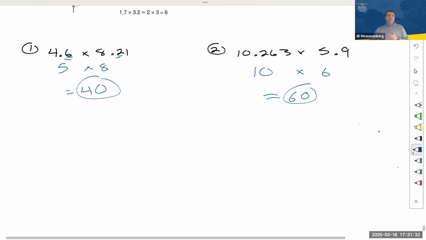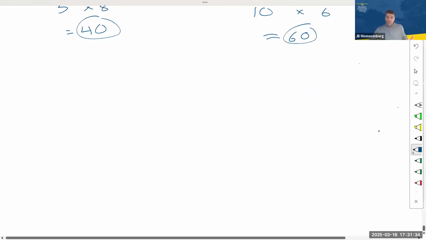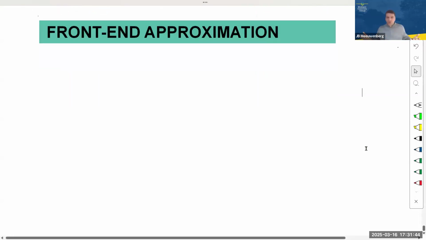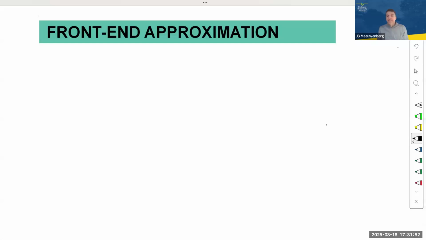Now, one thing that a lot of you found interesting in the discussion boards from earlier in the semester was this idea of front-end approximation. A lot of you said you had never seen this or never considered it. True, front-end approximation is generally going to be less accurate than rounding to some other number, but sometimes it's just the easiest thing to do in your head.